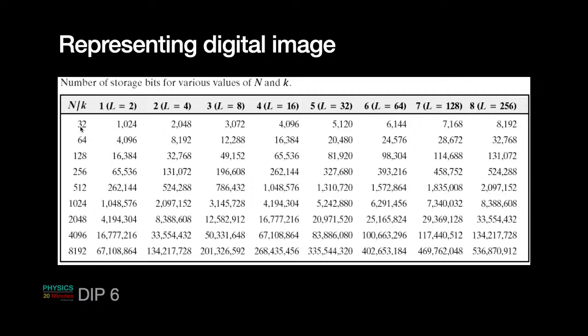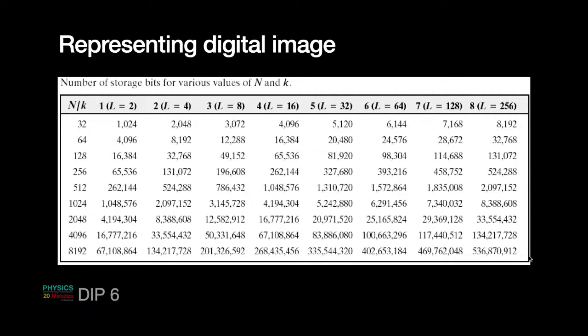If I use 1-bit representation, then I multiply by that one. So 32 into 32 into 1 will give you 1024. If you use a 2-bit representation for the same image, then it will get doubled, and it will go on increasing.